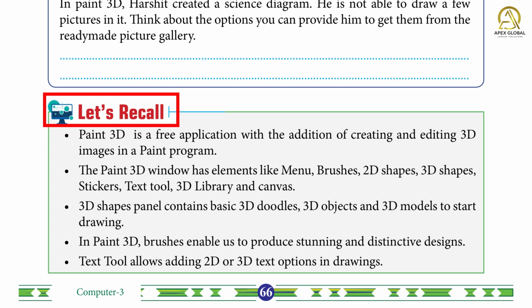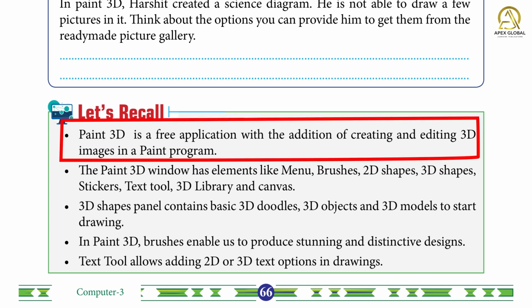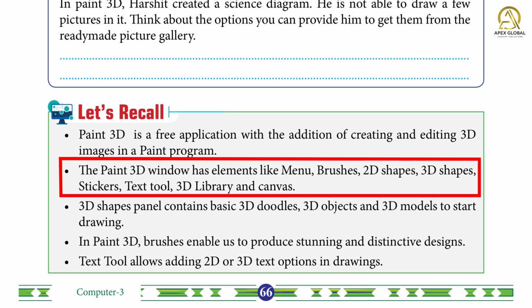Let's recall. Paint 3D is a free application with the addition of creating and editing 3D images in a Paint program. The Paint 3D window has elements like menu, brushes, 3D shapes, 2D shapes, stickers, text tool, 3D library and canvas.